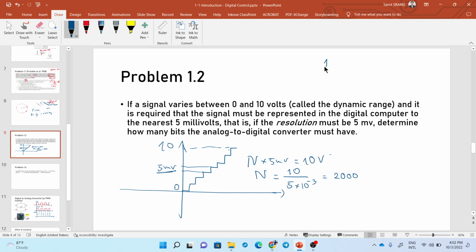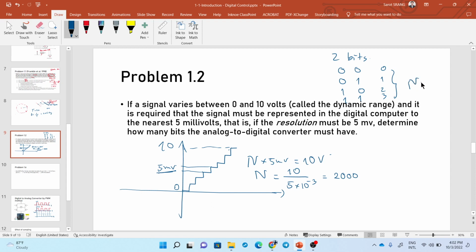Let me just give you an example. You have only 2 bits. If 2 bits, you have 00, 01, 10 and 11. So 0, 1, 2, 3. It means you have only 4 different numbers, right?